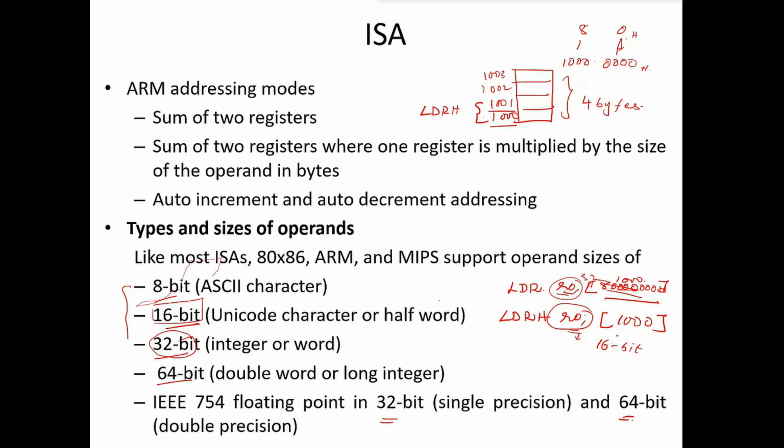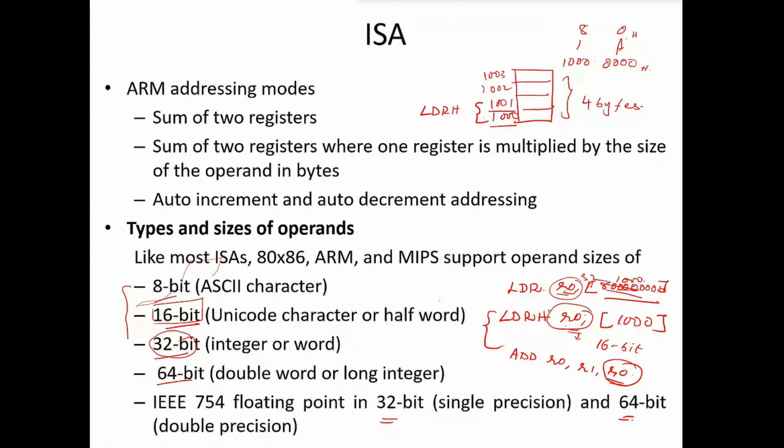But remember, after this, if I try to do ADD R0, R1, R0, what is the size of this after executing this instruction? I am giving LDRH R0, 1000.